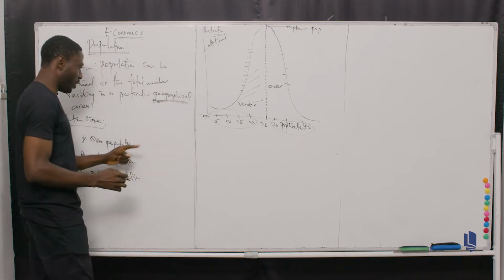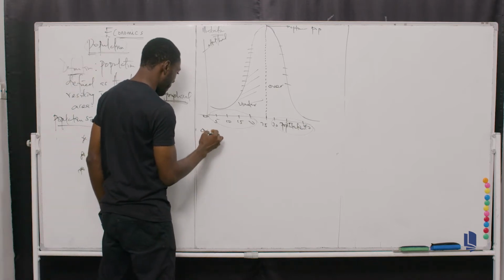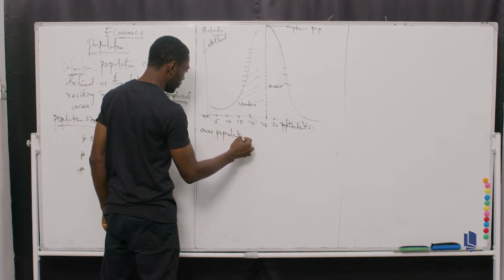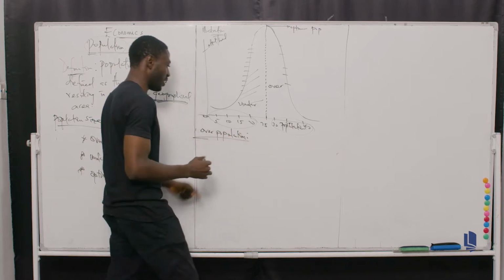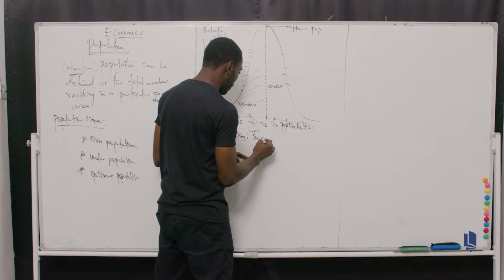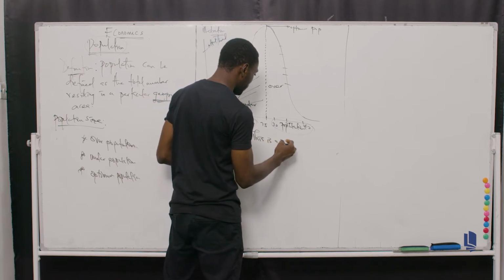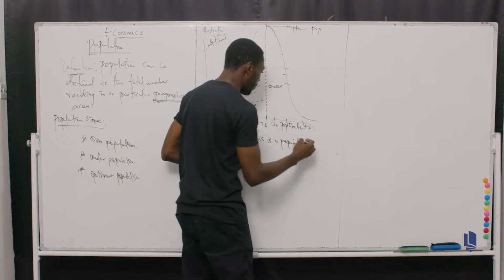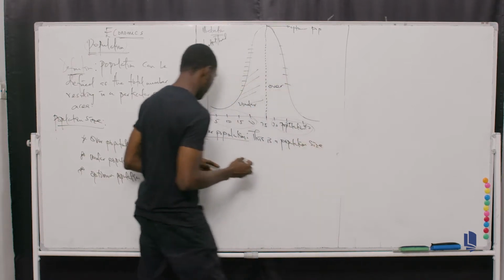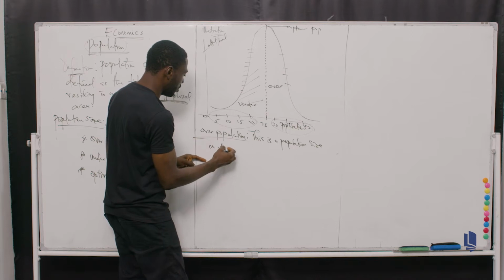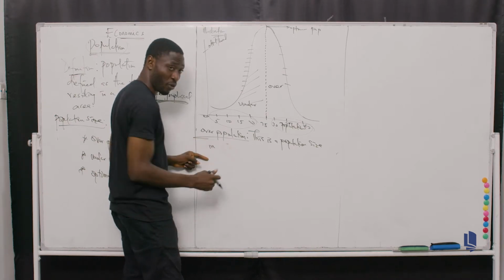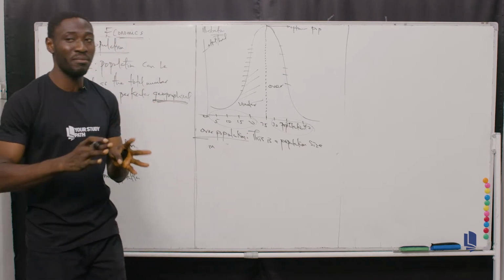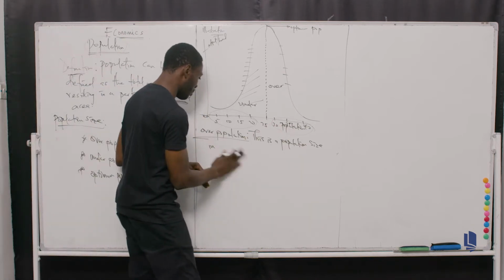Okay? Now, so let us give the definition. So for overpopulation, we are going to define it as a population size in which, if you were in class before, what you wrote might be different in words, but it's still the same meaning. So don't worry.